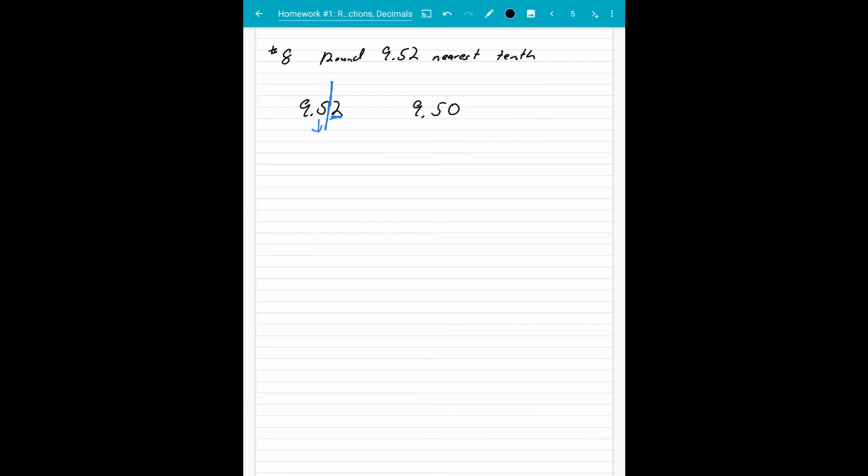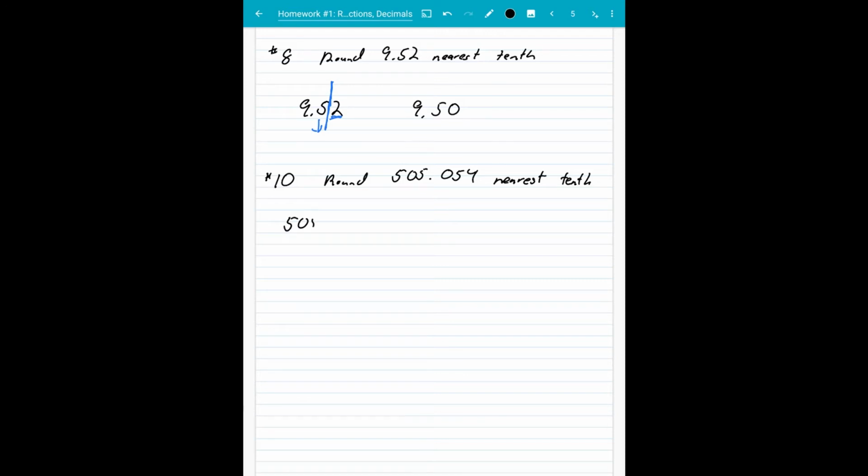Now, in the decimal world, you don't need zeros after numbers to the right of the decimal. And I'll explain that here in a second. I just want to give us another example. Let's say we have number 10. It says round 505.054 to the nearest 10th.